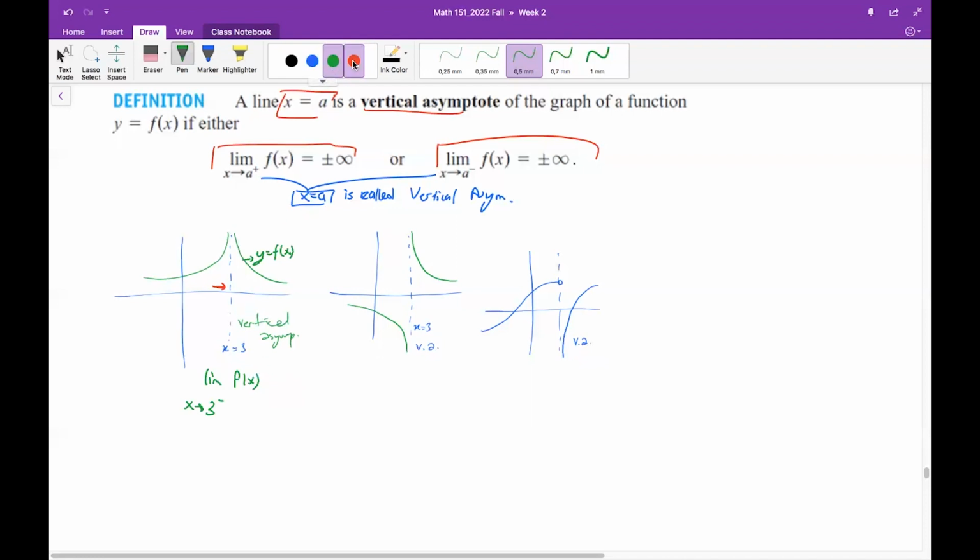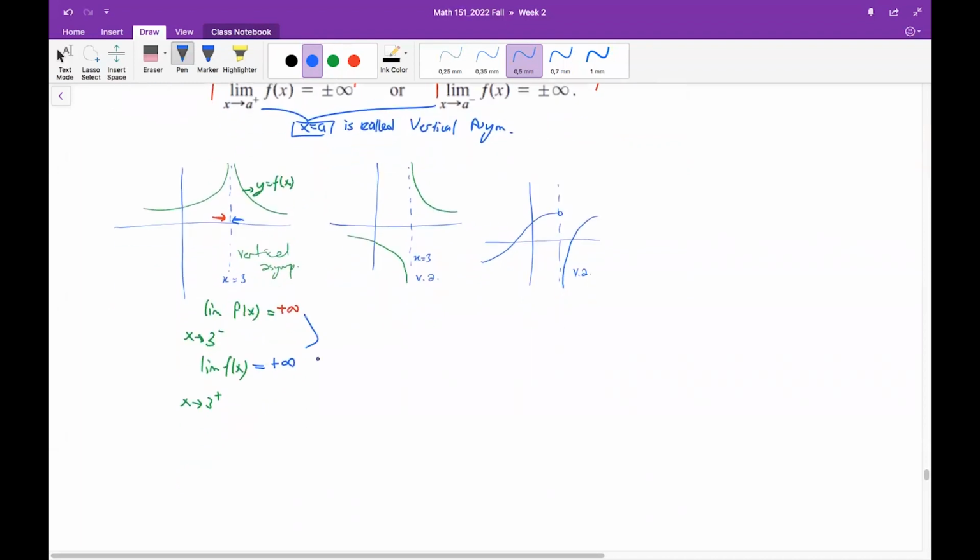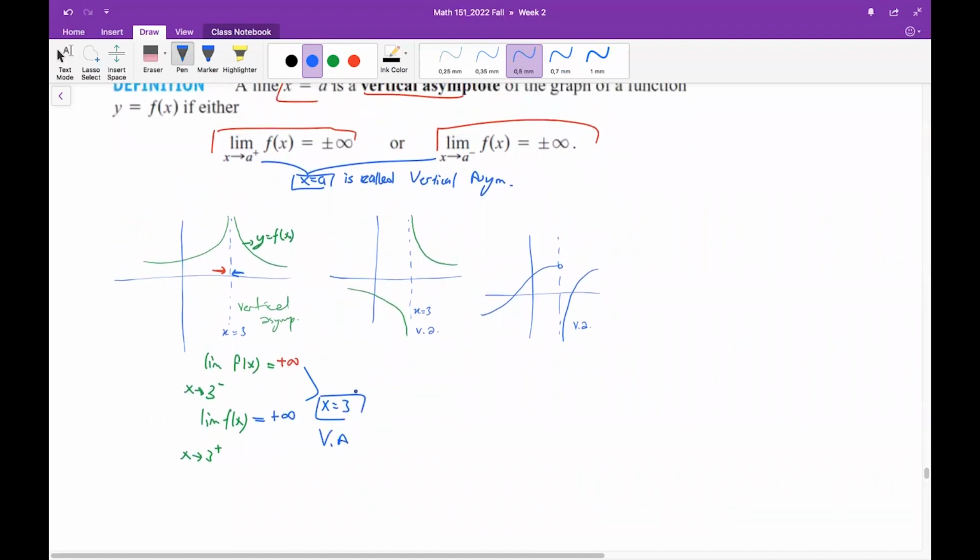The limit is plus infinity, right? And if you look at the limit from the other direction, as x goes to 3 from the right, this time you're approaching from the right, and in this case, it is still plus infinity. So you see this is satisfied. That's why we now call x equals 3 a vertical asymptote of the given function.